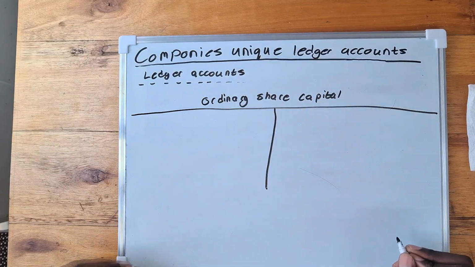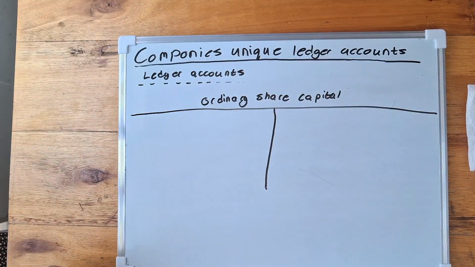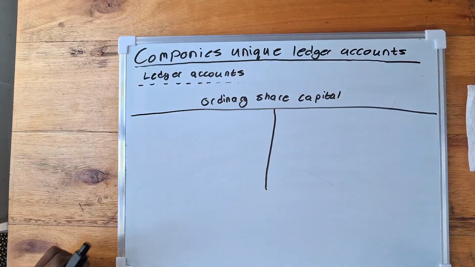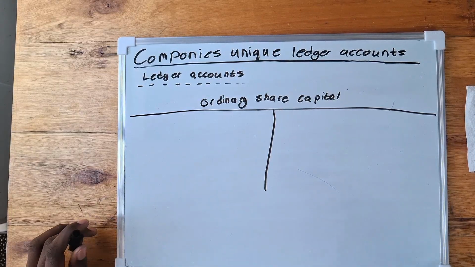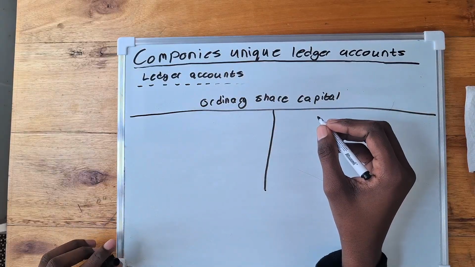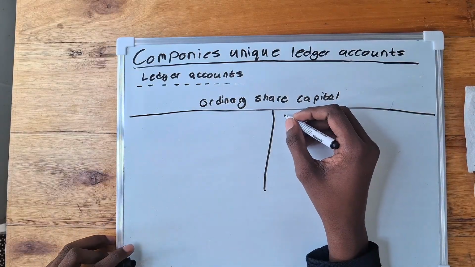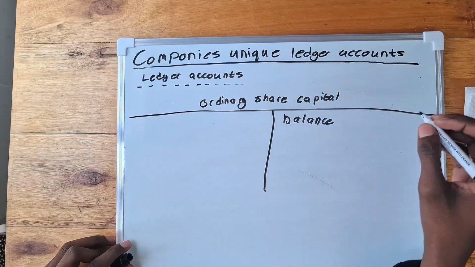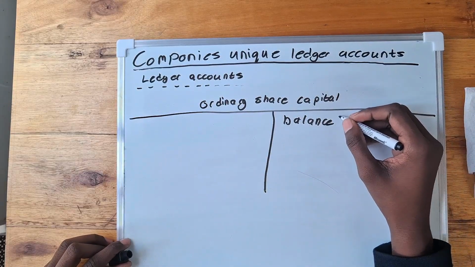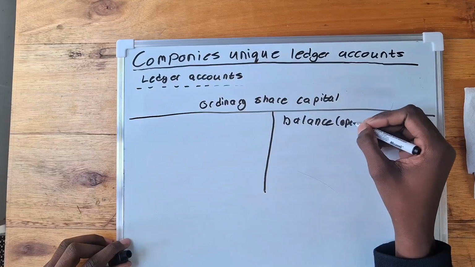So obviously the first thing that you guys must put is your free marks, which is your opening balance. Now here you will usually be indicated, but with your ordinary share capital, we always know that it is usually in the credit side of it, right? So you'd have your balance here, which is your opening balance.